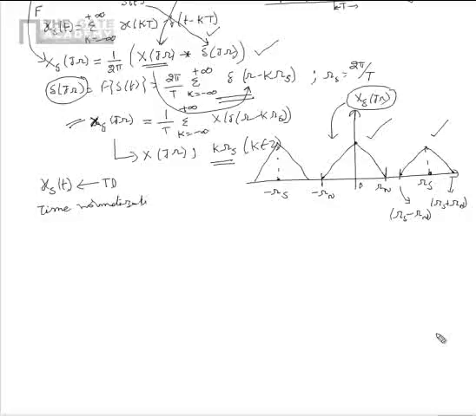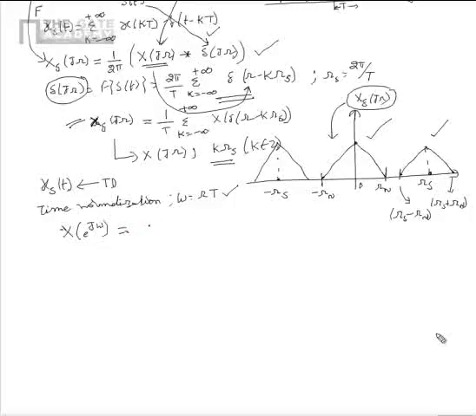This is by substituting small omega equal to capital omega multiplied by t. So the frequency domain representation that we get is in the DTFT domain, because after time normalization, the signal is in the discrete time domain.